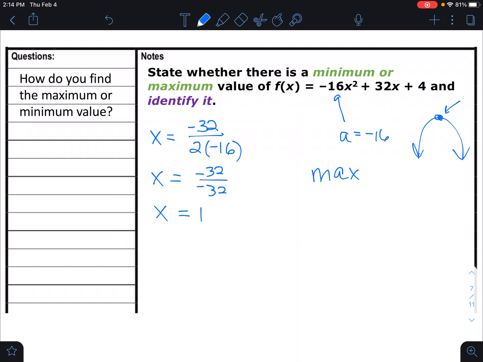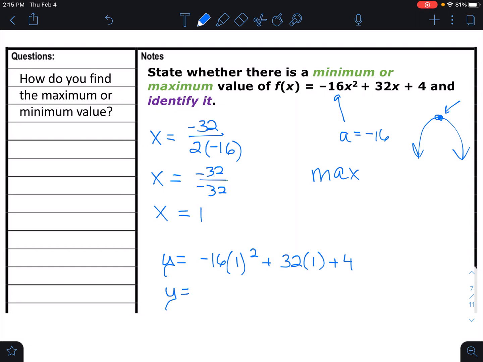All right, cool. Now we're going to find the y value. Okay, now you're going to plug in, okay, and get your answer. Okay, so this is negative 16 times 1 squared plus 32 times 1 plus 4.